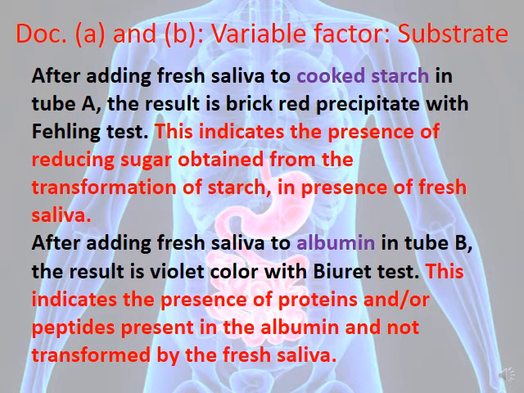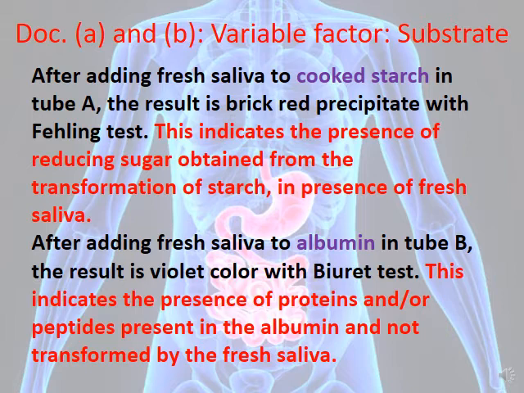So after adding fresh saliva to the cooked starch in tube A, the result is a brick red precipitate with the Fehling test. What does this indicate? This indicates the presence of reducing sugar obtained from the transformation of starch in the presence of fresh saliva.